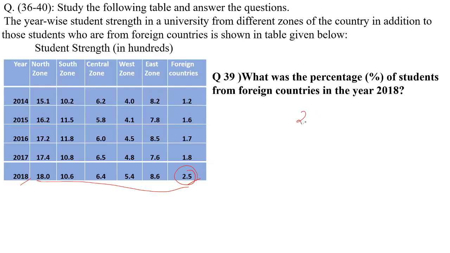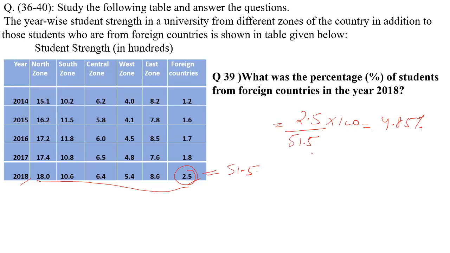So it was 2.5 upon the whole value of 2018. We had taken out the value before also, it was 51.5, into 100. So it comes out to be 4.85%.